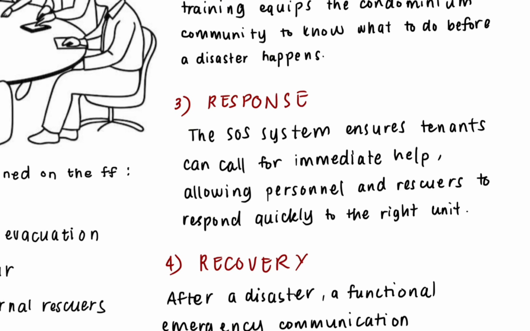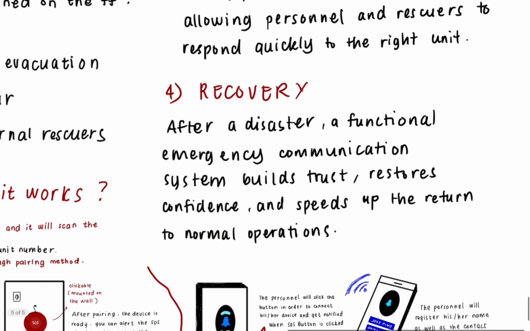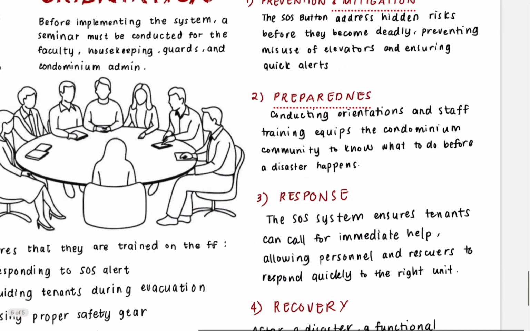So hindi na magiging aligaga yung mga rescuers natin kung saan sila hahanapin kasi they are notified with the exact location of the tenant that is in need of help and as well as recovery. So after a disaster, a functional emergency communication system builds trust, restores confidence, and speed up the return to normal operations. But I would like to highlight the preparedness.